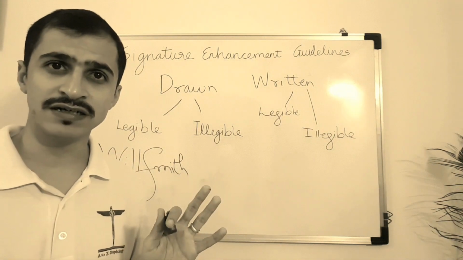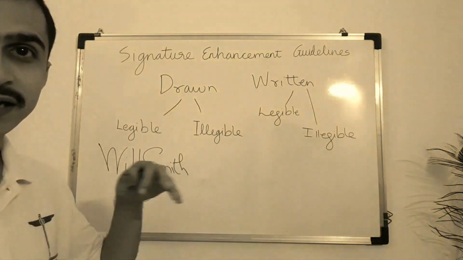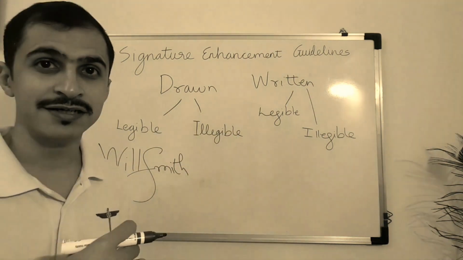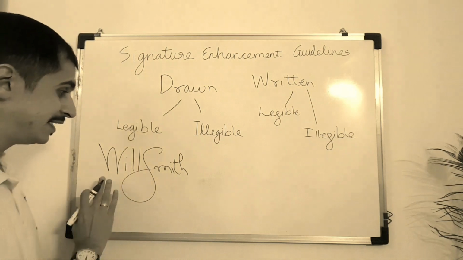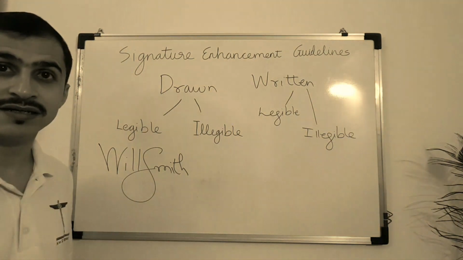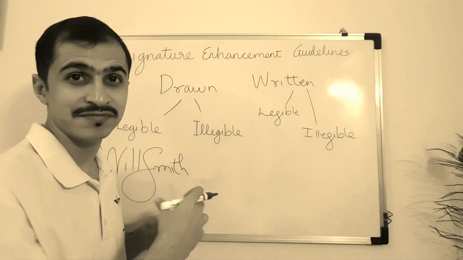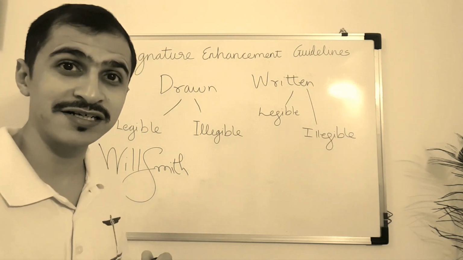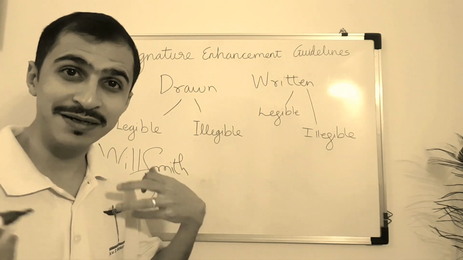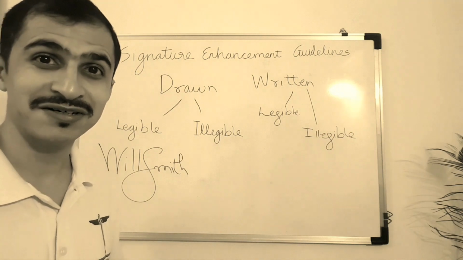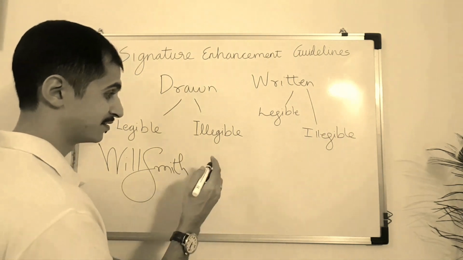Maybe. We don't know, but it's drawn. I did it in a way of body language, but it's legible. Each letter structure is legible. Whereas in illegible, now the real power of drawing signature comes, where there's freedom to move the pen the way you want, but of course at the cost of the letter structure.